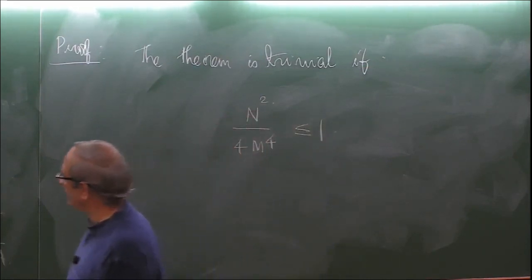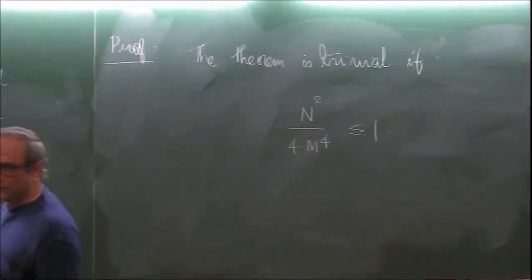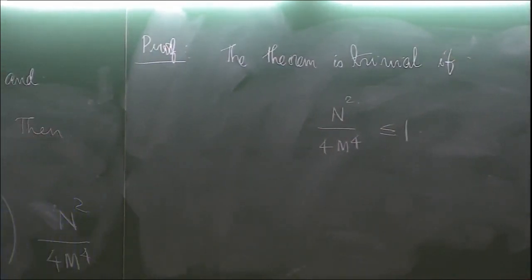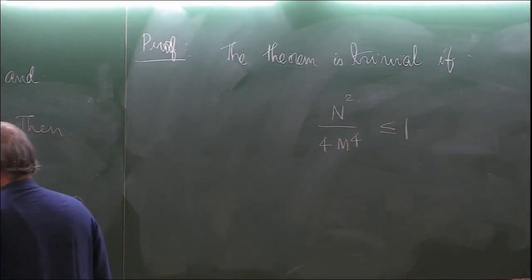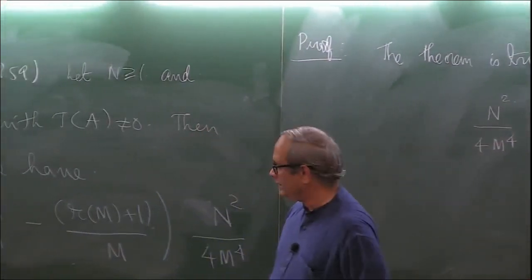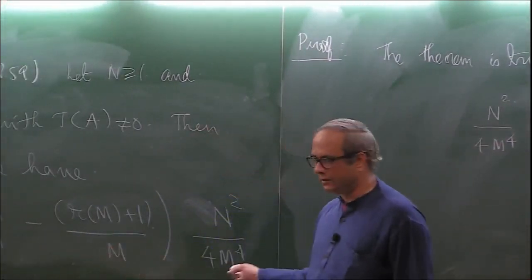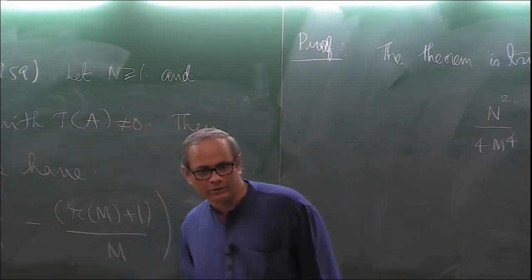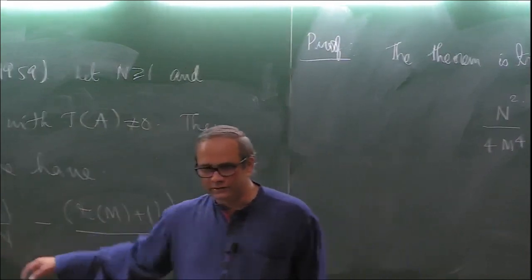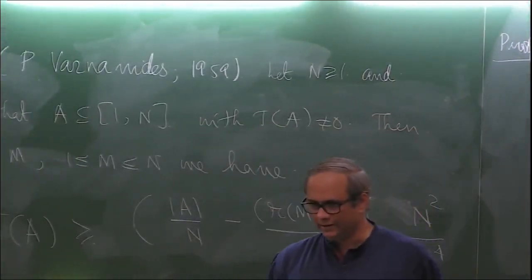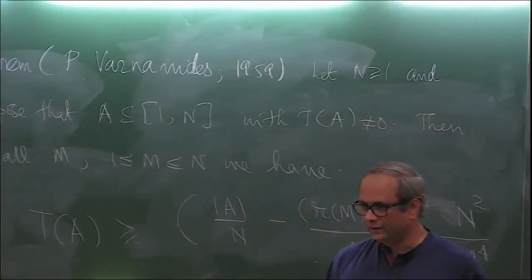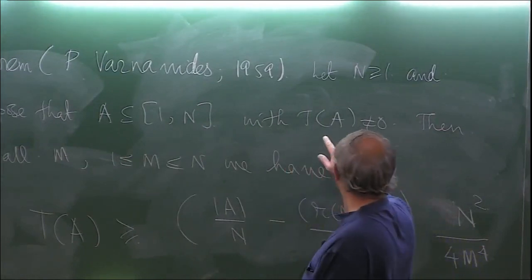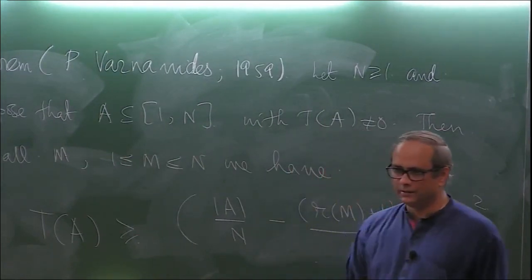Simply because T of A is not 0, so T of A is greater than or equal to 1, and this cardinality of A by n is less than 1, so this expression times some number that is less than or equal to 1 is going to be less than or equal to 1 in any case, and therefore this assertion is obviously correct. That's the key role played by this condition, T of A is not 0.